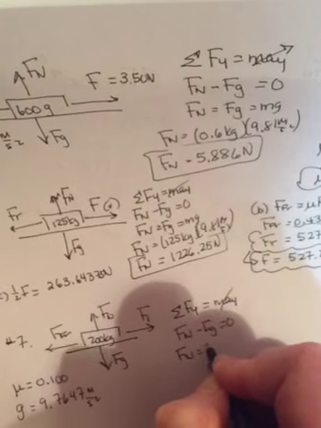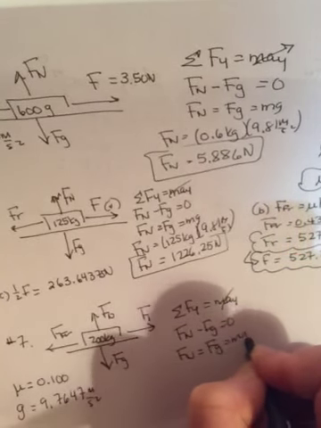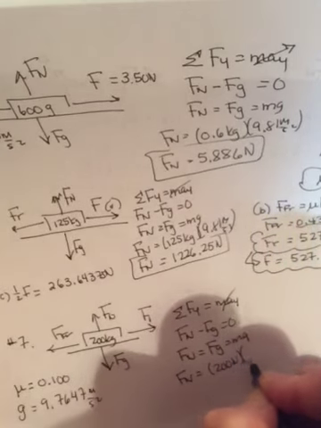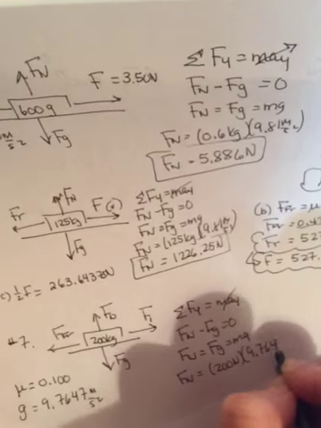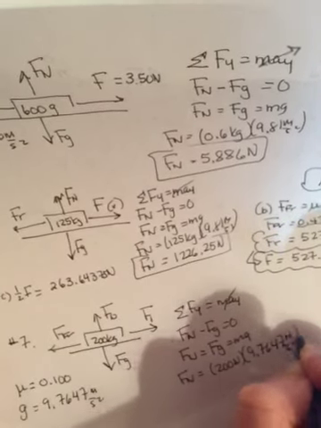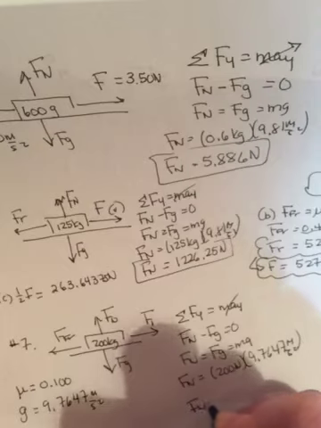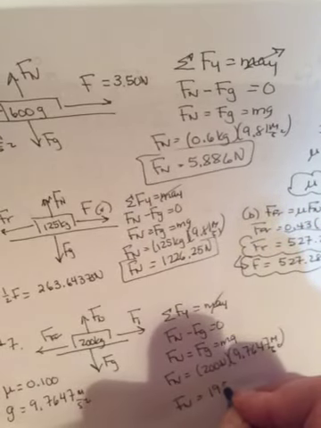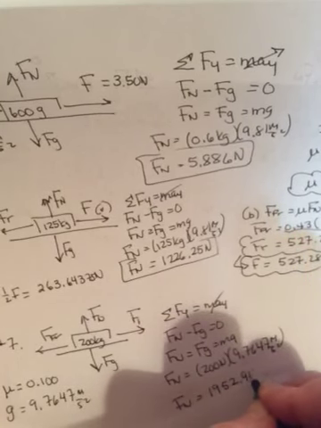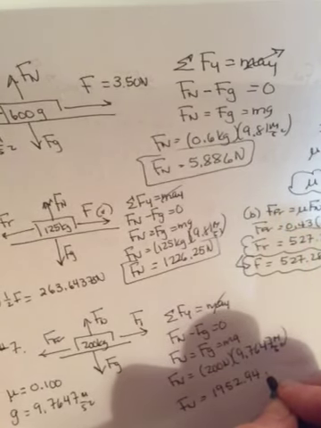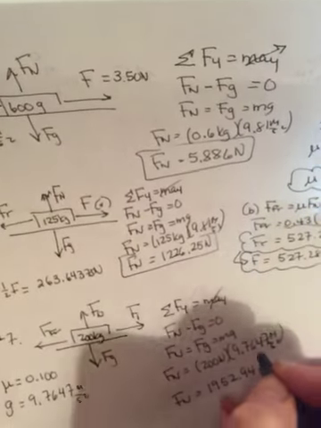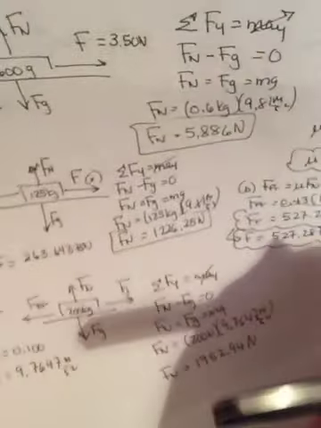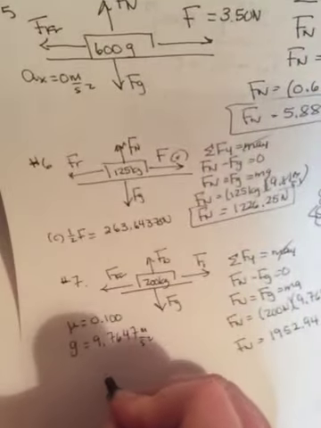So Fn equals Fg equals mg. So Fn equals your 200 kilograms times 9.7647 meters per second squared. Moving the decimal 2 places, Fn should equal 1952.94, I believe, newtons.